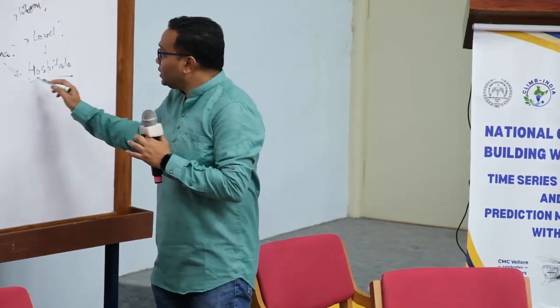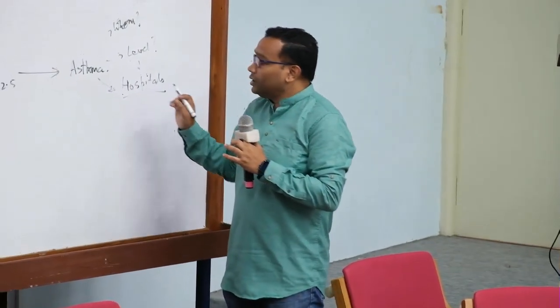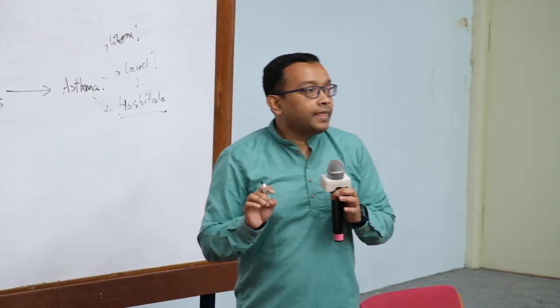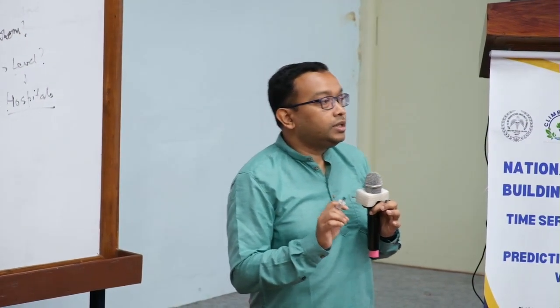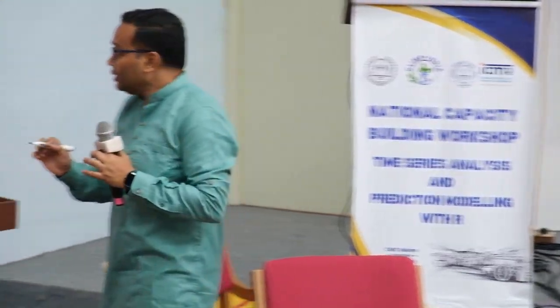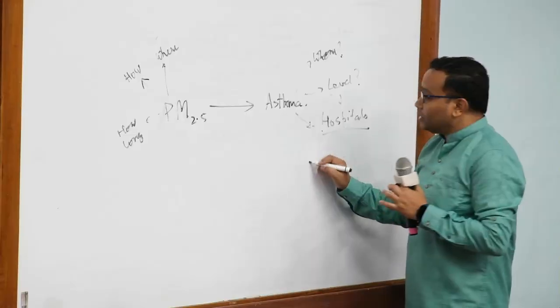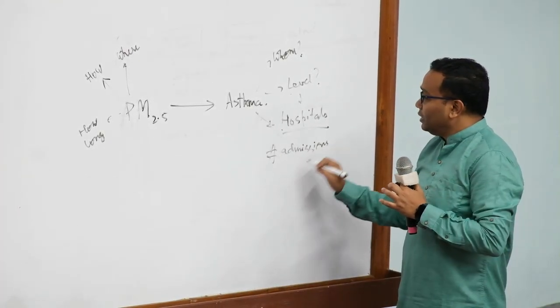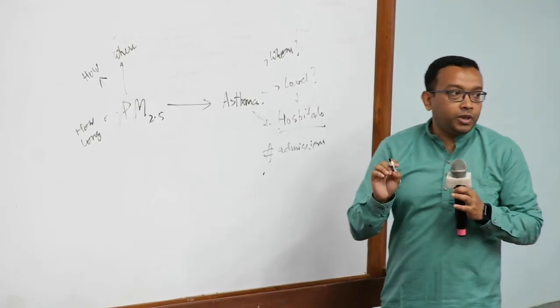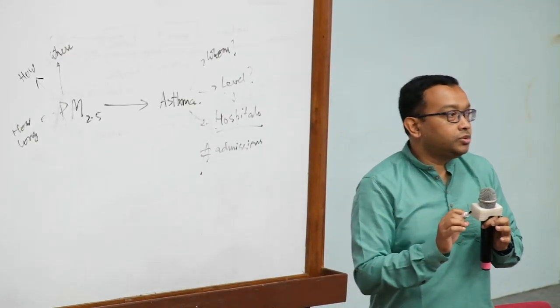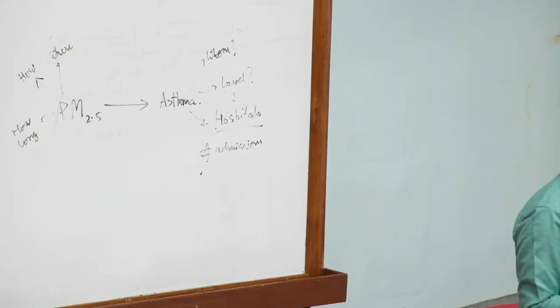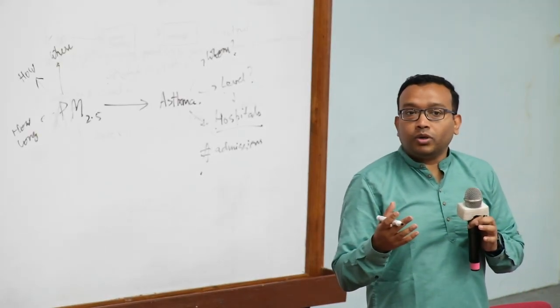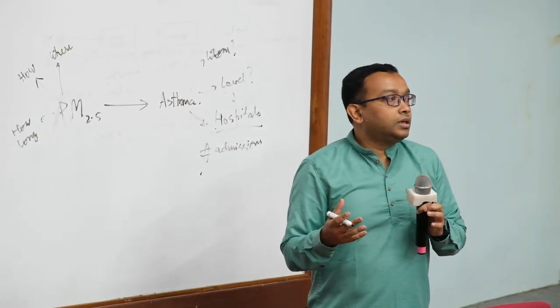So let's go with hospitals. Now, do you want to do hospital admissions, or do you want to do individual level, patient level asthma metrics? If you do the number of admissions, that's one way. And you can also do specific biomarkers related to asthma in individuals who are coming to the hospital. Any idea of what that metric could be?